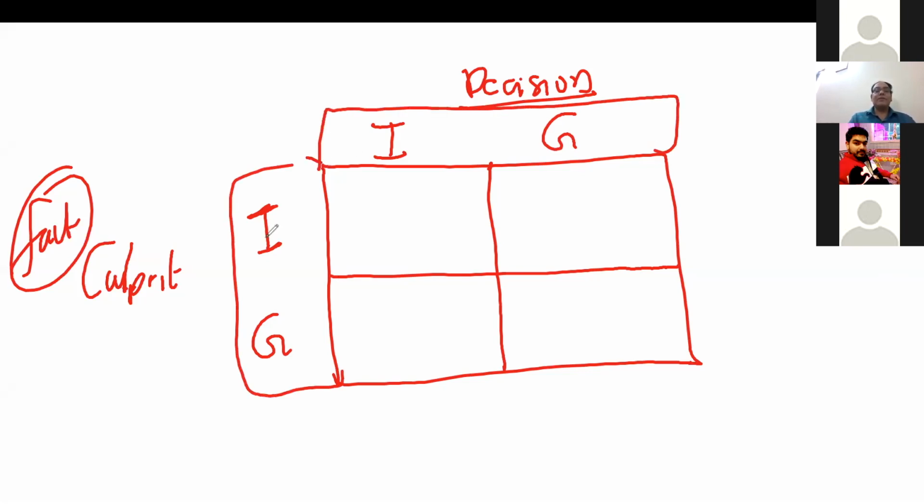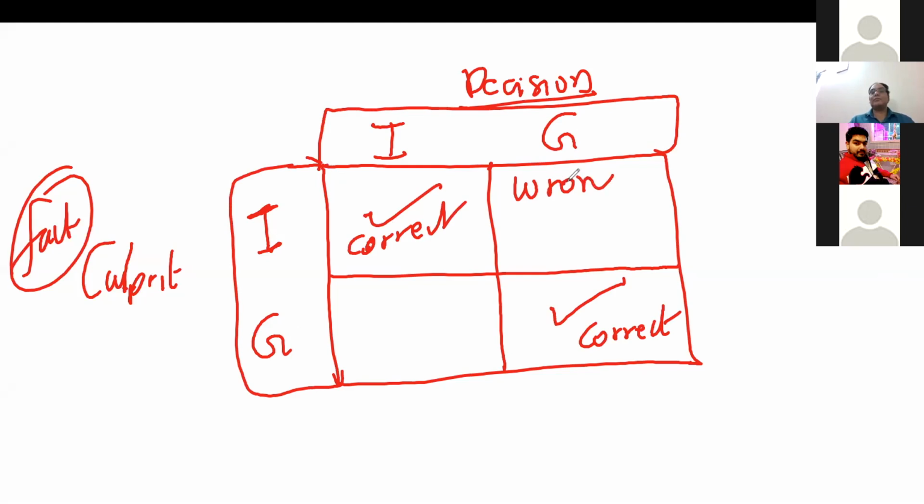So if the person is actually innocent and you declared him innocent, no problem, right decision. If the person is guilty and you also declare him guilty, no problem. So these two are right decisions. This is a correct decision, this is a correct decision. Now the problem is that if you declare an innocent person guilty, this is a wrong decision.